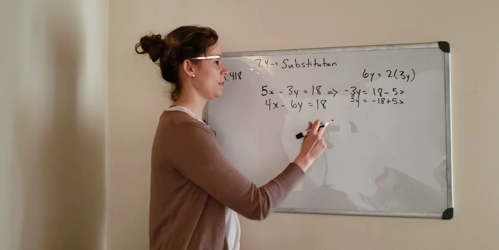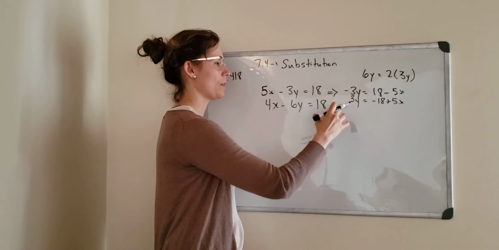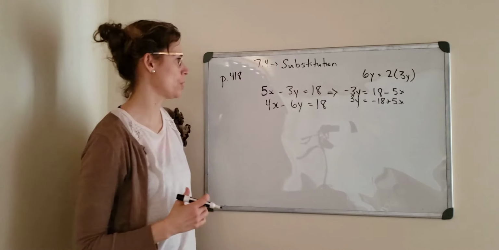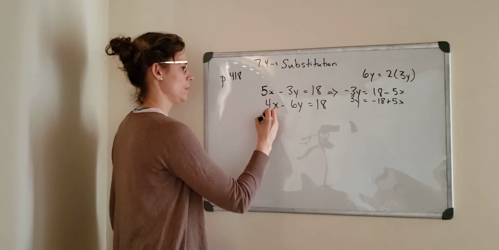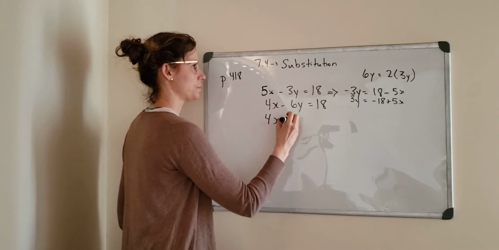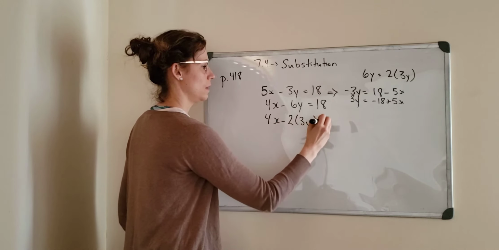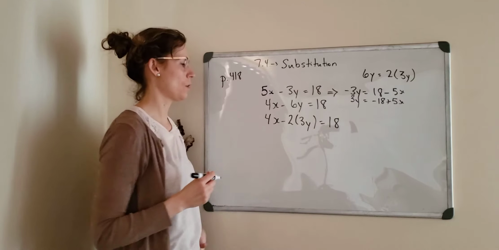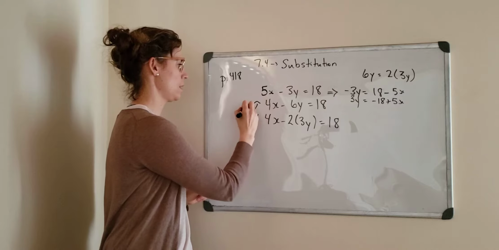So now all I've done is isolate 3y, rather than just one variable, and I'll show you what we can do with that. Let's rewrite this equation. Remember, we said I could write it like this. So this is the same as this. These two are equal.